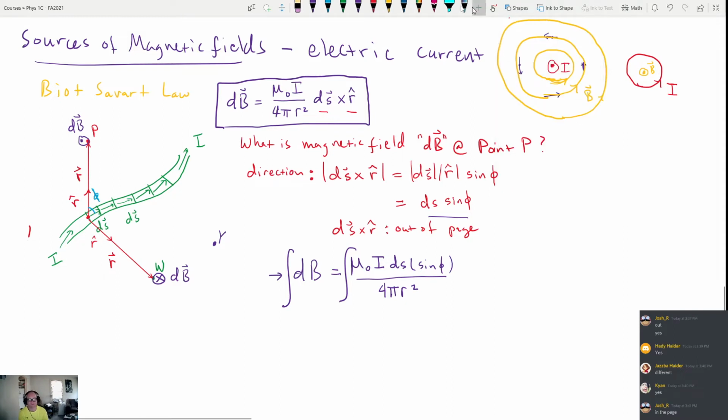Well, you have to take some kind of a vector, draw it from your wire out to this point. You see your ds vector, you label your r hat vector, and do it again. So this is ds. If you do ds cross r hat, what direction is the magnetic field going to point at point Y? It's also into the page. Exactly.